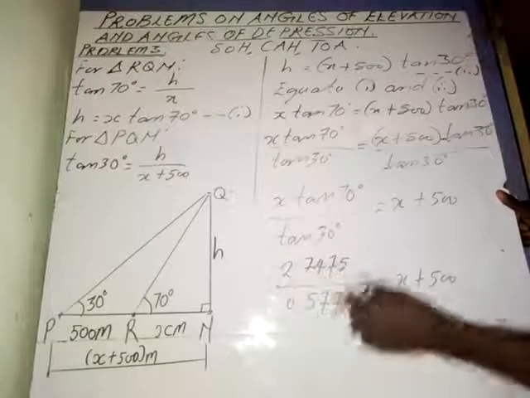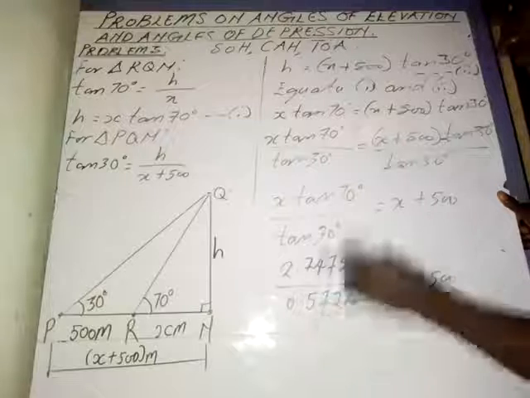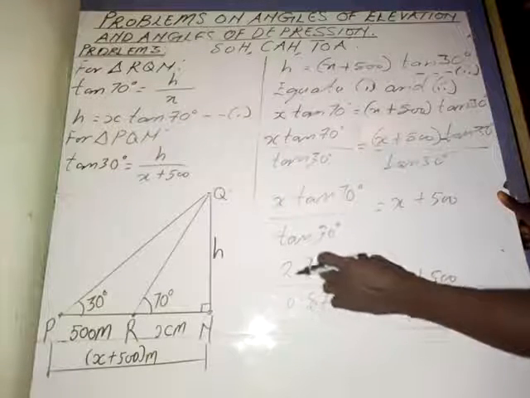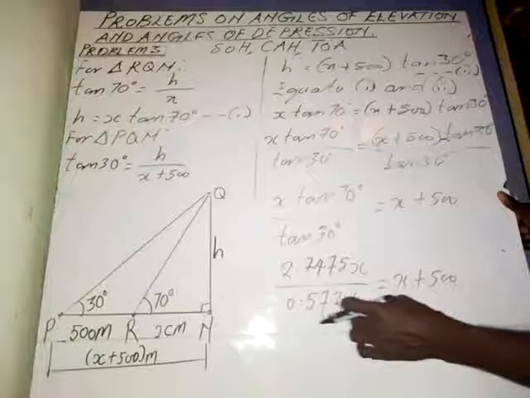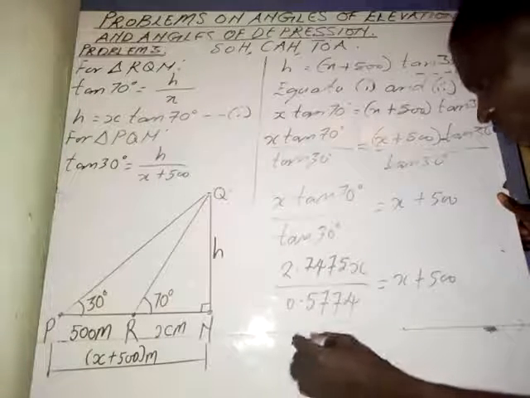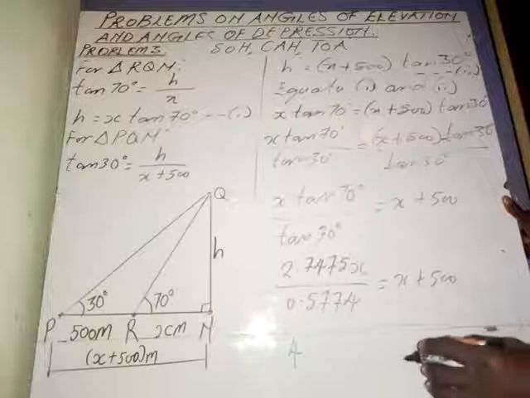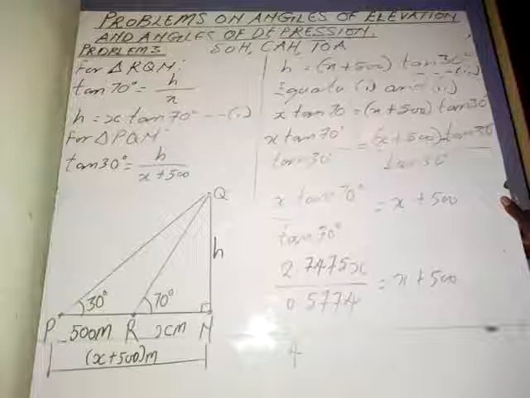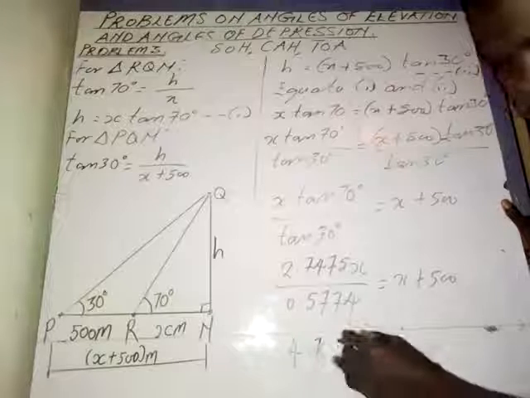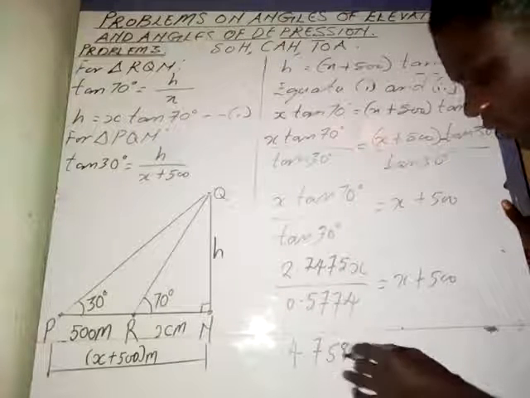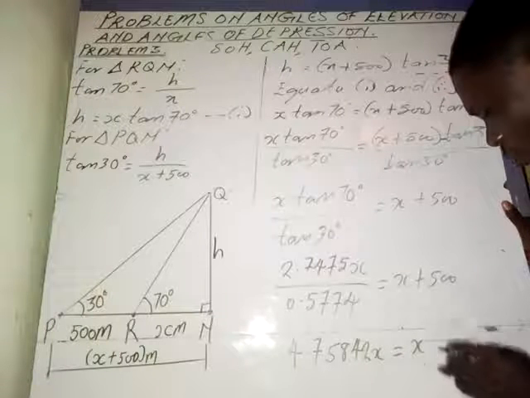So I will divide 2.7475 by 0.5774, and this will give me 4.7584x. So it's equal to x plus 500.